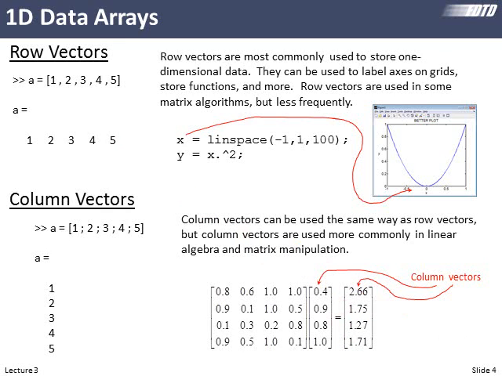It's more just geometrically, are they a row or a column, and that has implications in how we use them, whether it's in linear algebra, whether we pre-multiply or post-multiply certain things. So be sure you know the difference between row and column vectors, because sometimes you can run into trouble if MATLAB wants a column vector for a certain operation and you give it a row vector. It'll give you an error, something like inconsistent matrix size.